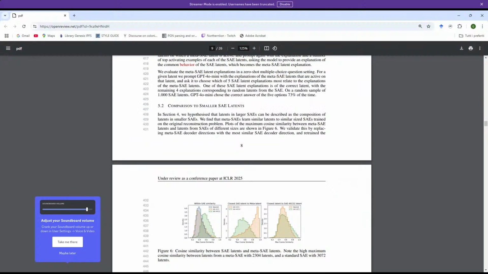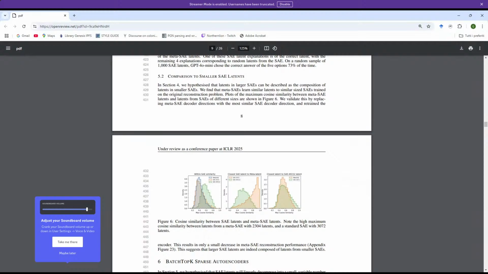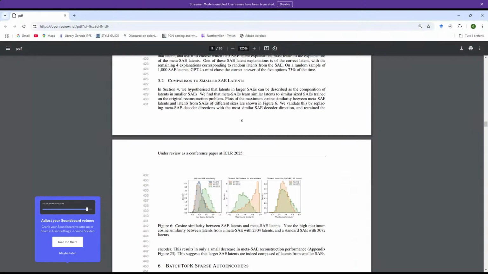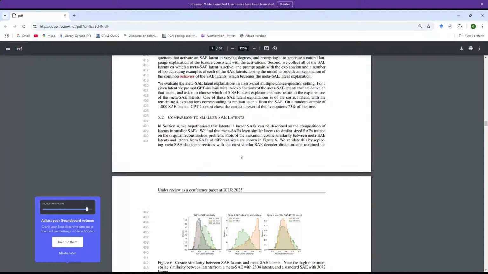But yeah, I don't have a much stronger comment here. I don't know if other people have ideas, read this part of the paper, and have questions.